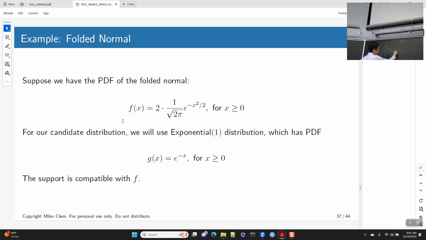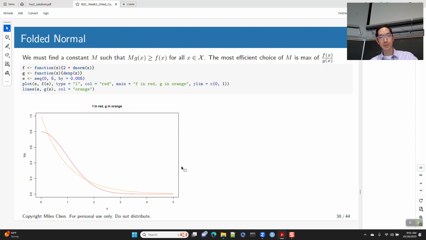If you think about the decay rates here, it's going to be okay because our g of x decays at a slower rate than our normal distribution. Our normal distribution decays at a rate of e to the negative x squared over 2, and this just decays at a rate of e to the negative x. And both have a support of basically all positive values, so we're okay here. Our folded normal is in red, and our exponential is in orange here.